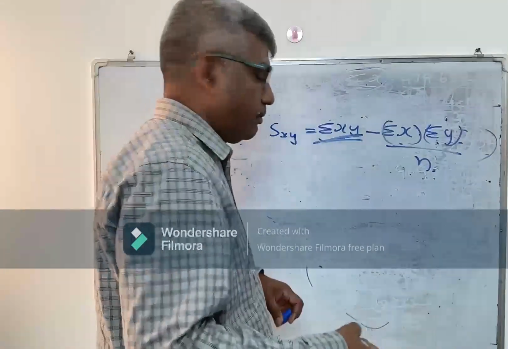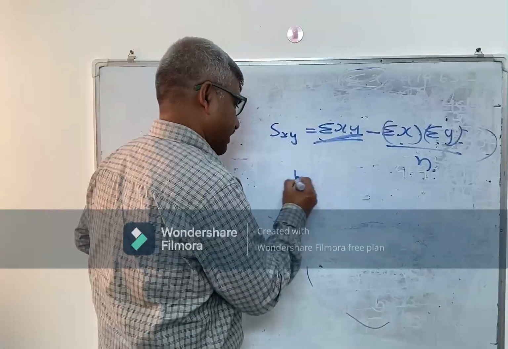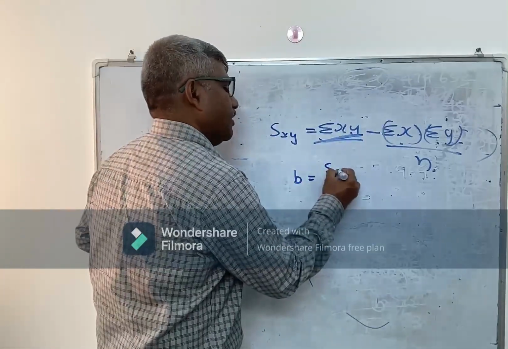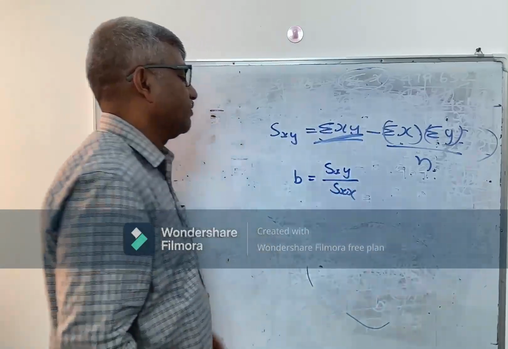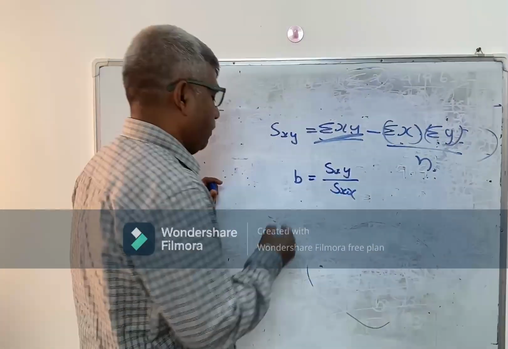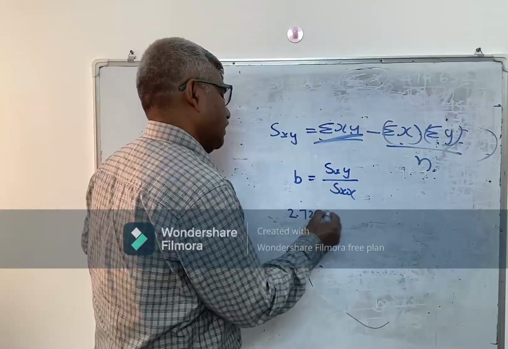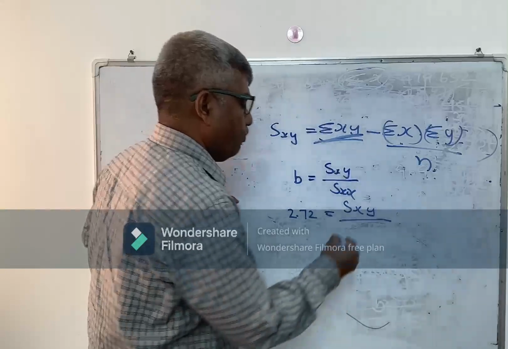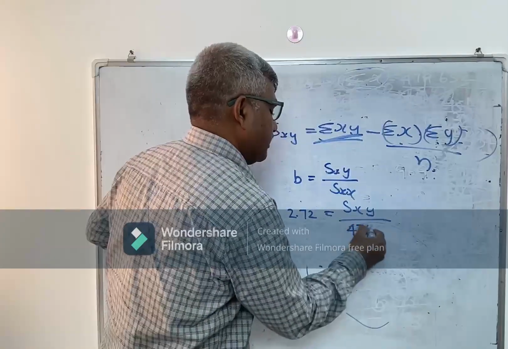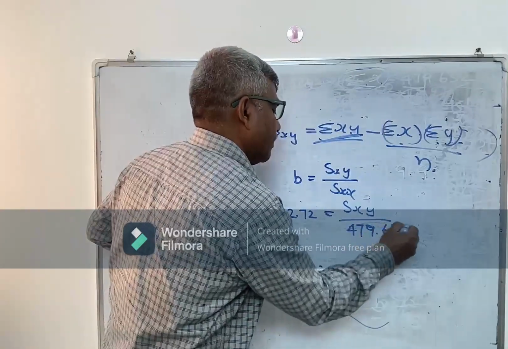There is another method, this is the second trick. b equals Sxy over Sxx. b we know is 2.72. Sxy is what we want. Sxx we know, 5329.4005.